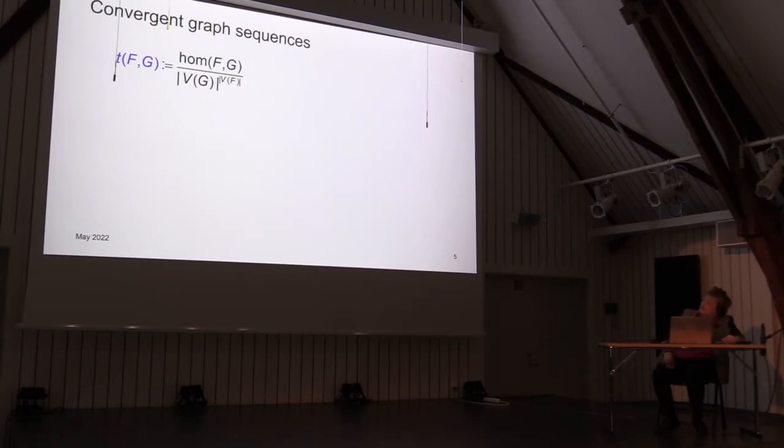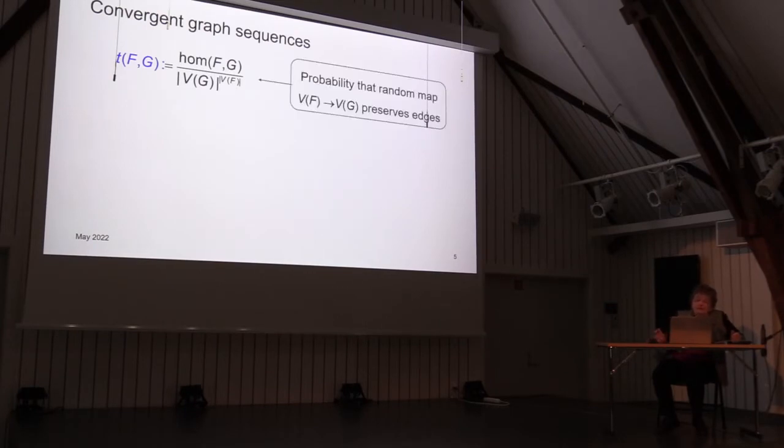So I consider all the homomorphic images of F into G, which preserve the edges. So hom(F,G) means the edge-preserving maps, and below is all the maps of F into G.